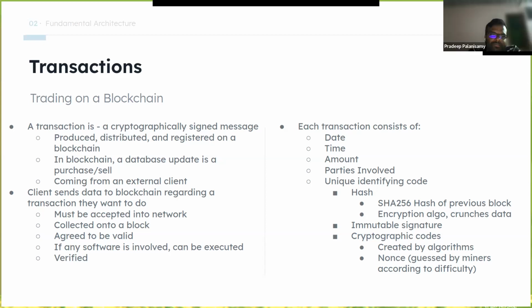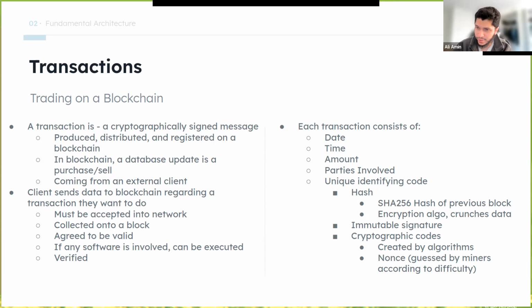And it has to come from an external client. The blockchain is not going to update itself with transactions. Someone has to say, hey, this happened, and send it to a blockchain for it to be registered. So the client or a user sends data to a blockchain regarding a transaction that they want to do. For that transaction to be accepted, it has to be accepted into the network and put onto a block.